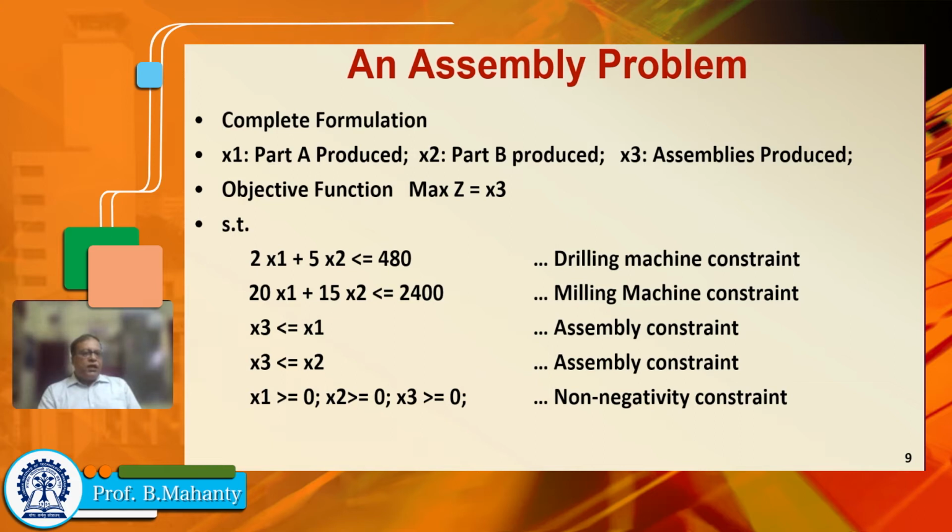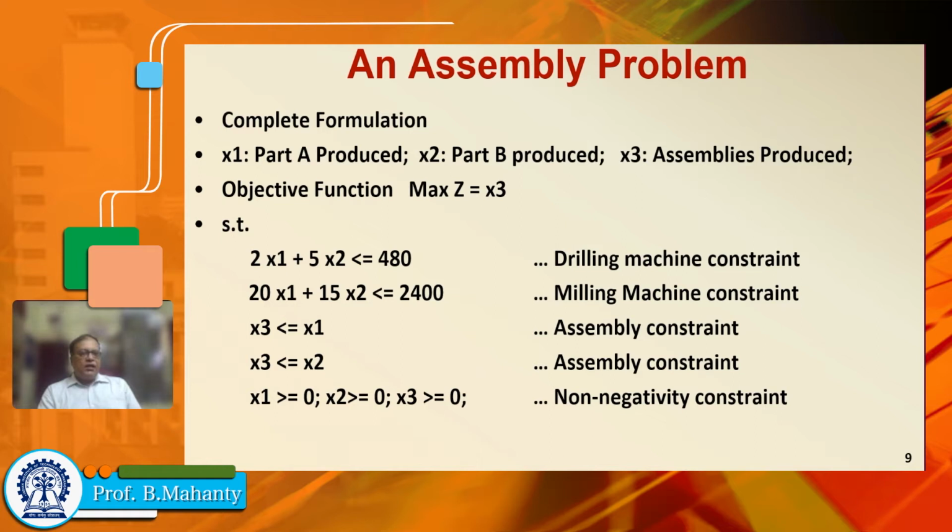So how many slack variables will be required? There are 4 constraints, so we need 4 different slack variables. Once again, we cannot keep any variable on the right-hand side, so we bring x1 and x2 to the other side.